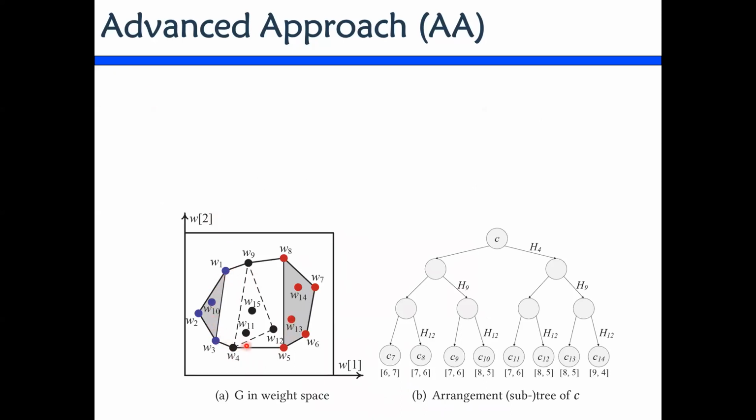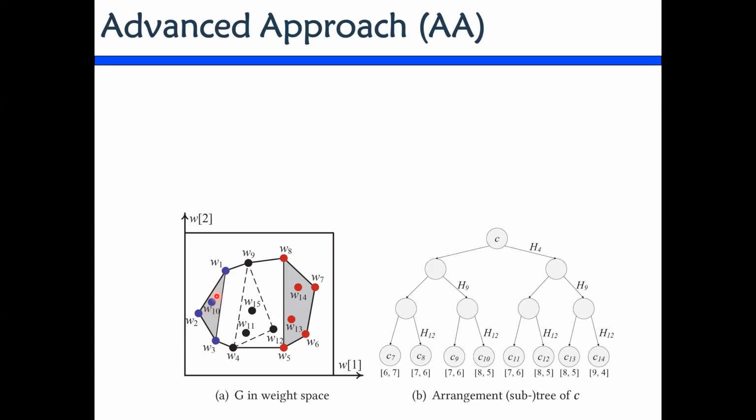Imagine that we're having a set of users, and observe that here I'm referring to the weight space. So every user vector is actually a point inside here, okay? So imagine that we have a group of these 15 users, and we know that W1, W2, and W3 are covered by any product within a specific cell. The same is bound to hold for the user W10.